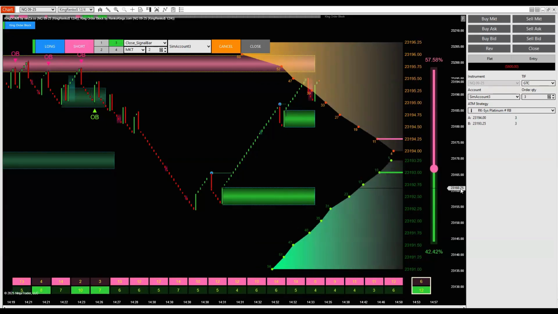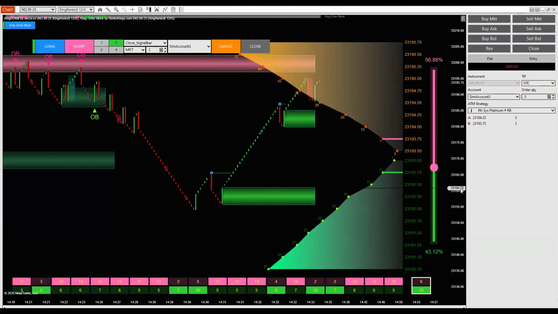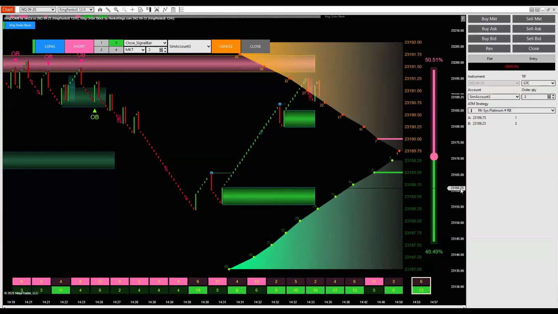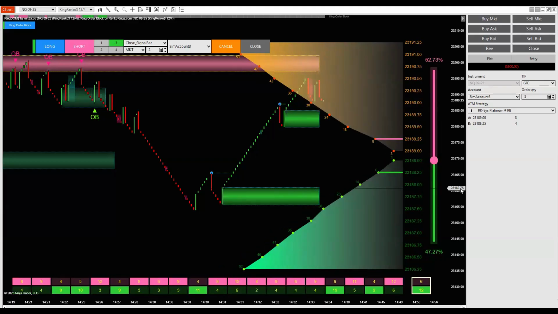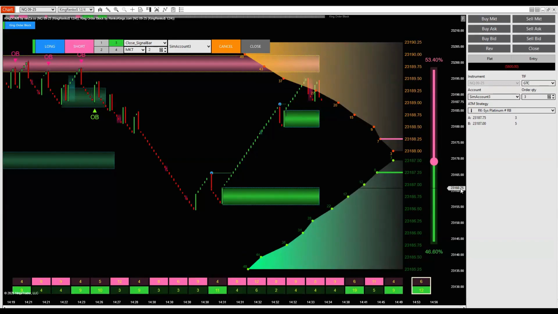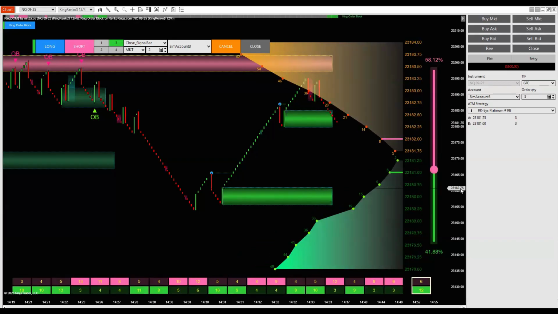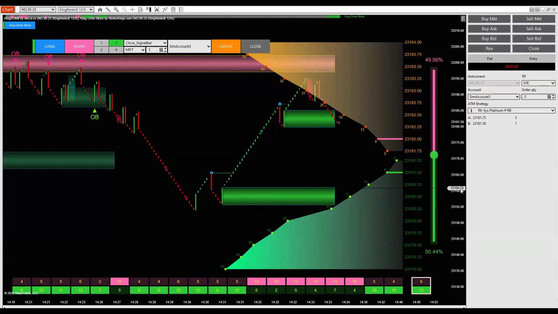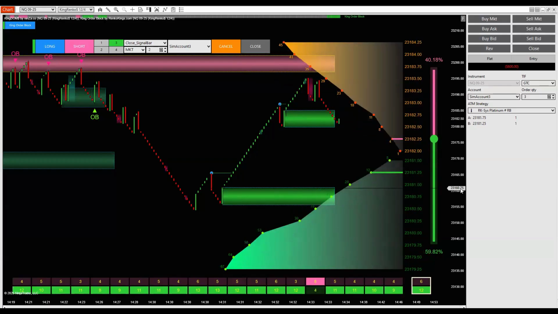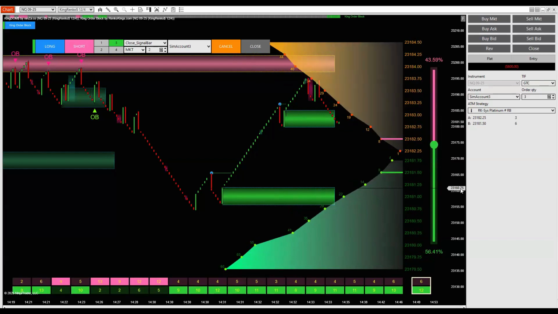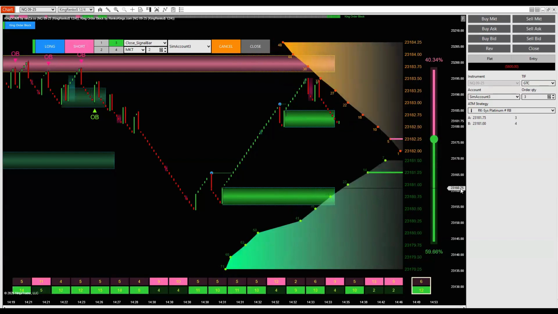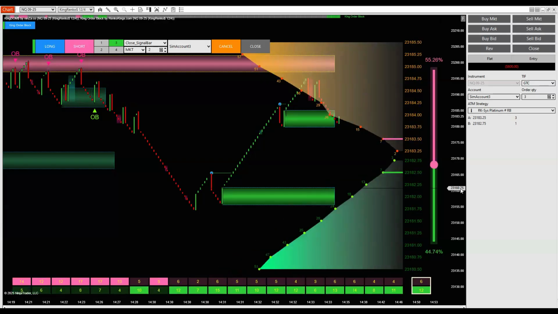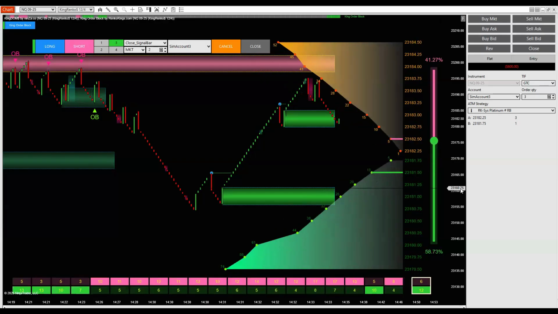I'm just going to quickly look at very short-term charts. 207, yeah, from 171, 207 is the target. I would love it to take a trade here. It's not taking. Hmm, it's not taking.